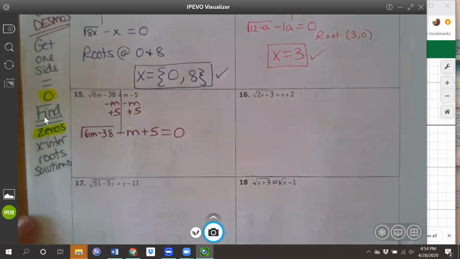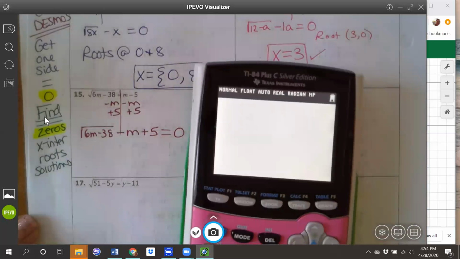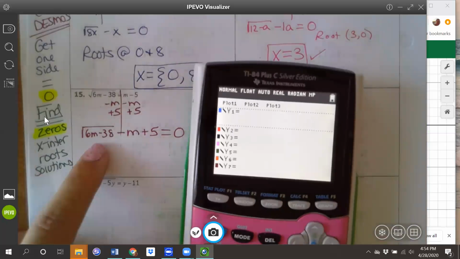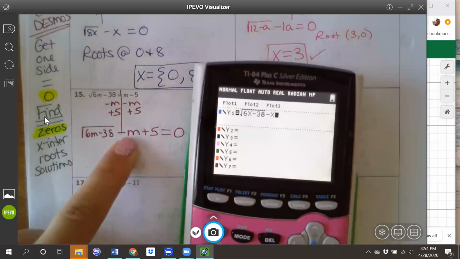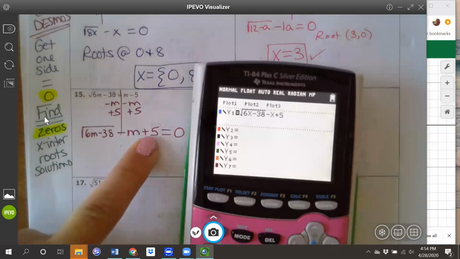I'll do this one on my calculator. Why not? All right, so y equals, so that's going to be the square root of 6x. Remember, I'm not using m's, I'm using x's and y's. So 6x minus 38, arrow out, minus x plus 5.